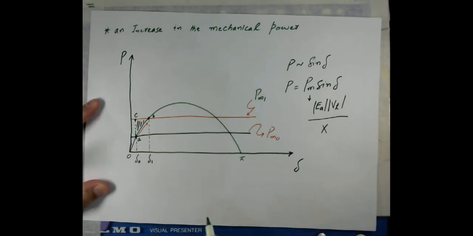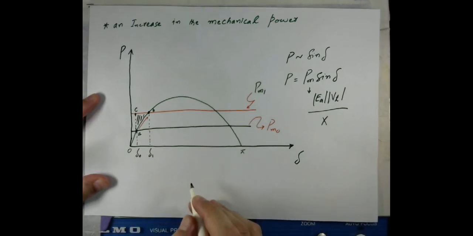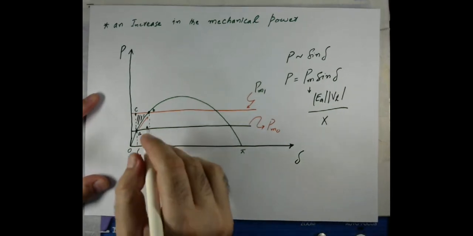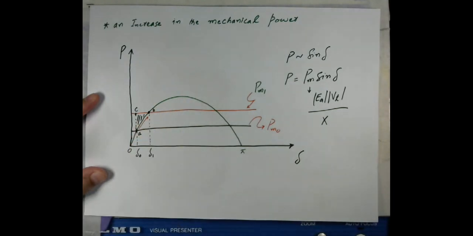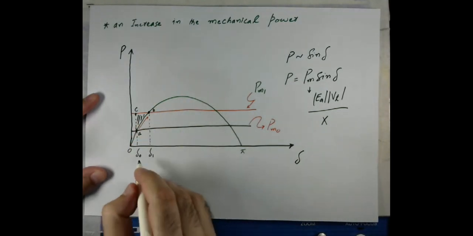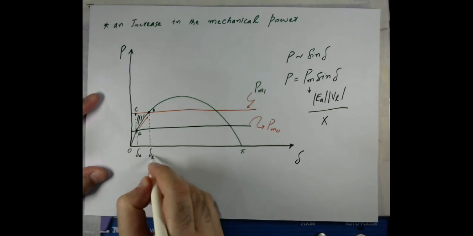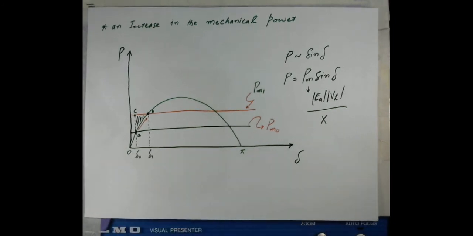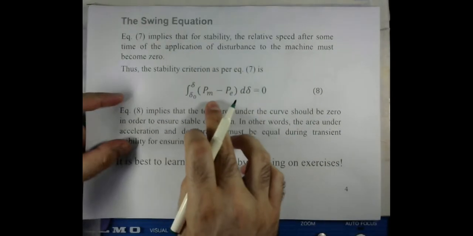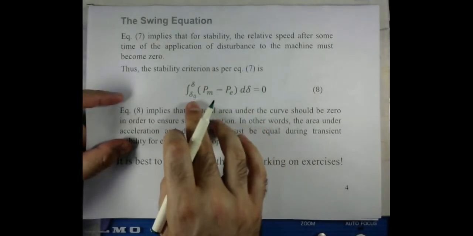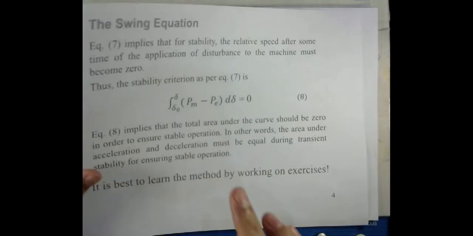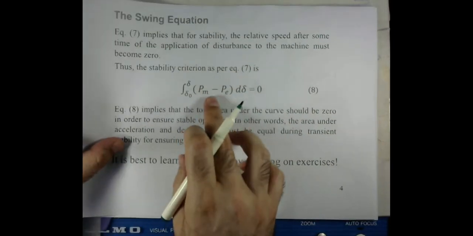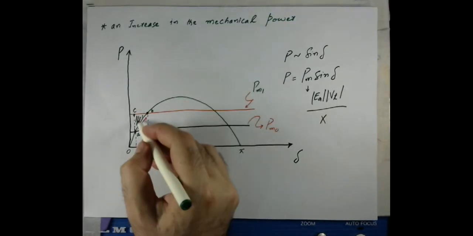Let's calculate the area from the angle delta naught to delta 1, using the expression we discussed. Because Pm minus P will be positive in this area, we call it the accelerating area.